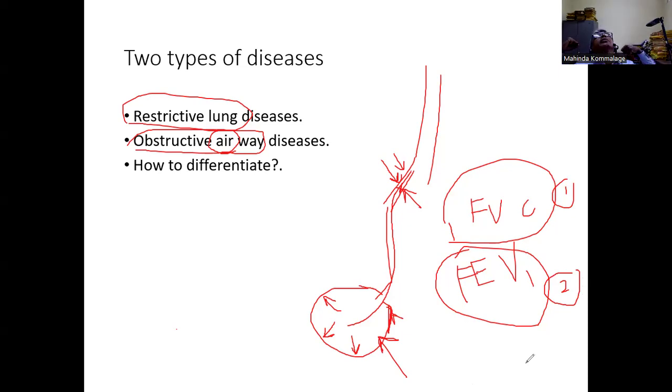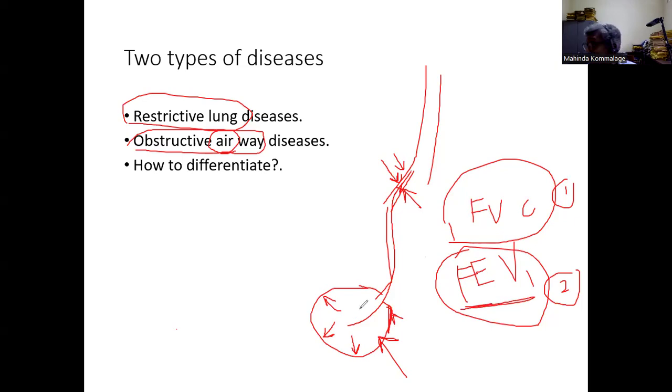Yes, because of the obstruction. Yes, correct. Because of the obstruction, we cannot remove the air. It takes time. Removal will take time. So that's the problem, right? Removal will take time. That means it is not easy to remove, right? So in obstructive airway disease, this will reduce.